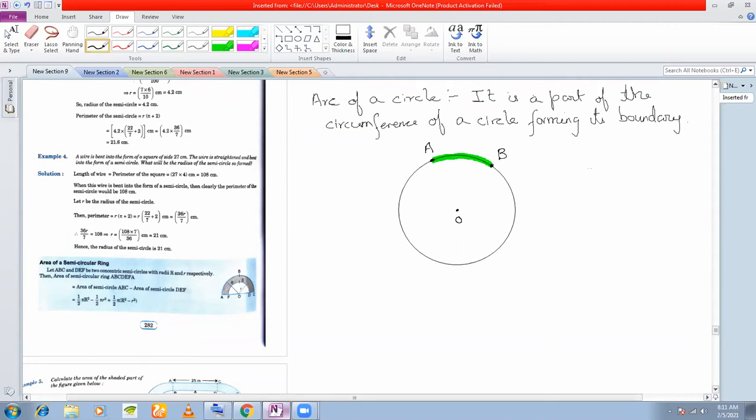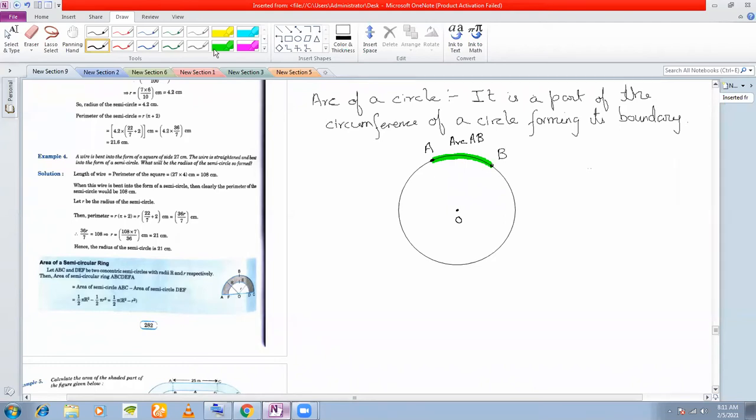Then this length, AB, this curved length you see, this is called the arc of a circle. This arc is a small one, less than, we'll come to that later, but this is called the arc AB of the circle.